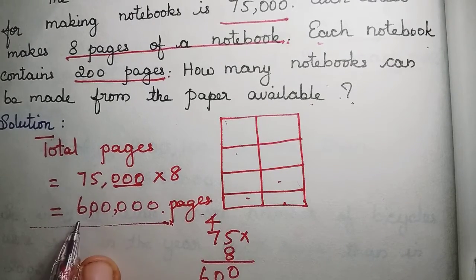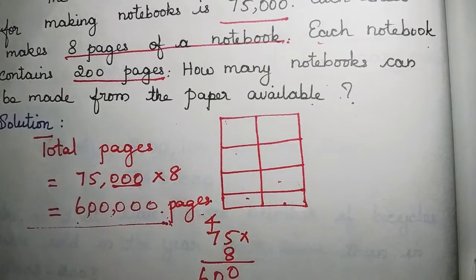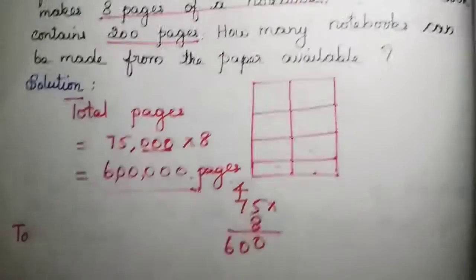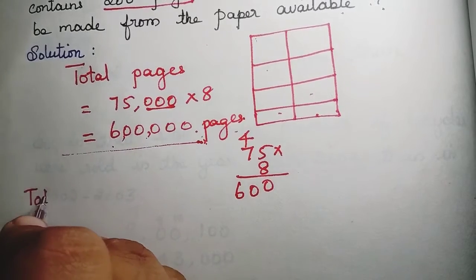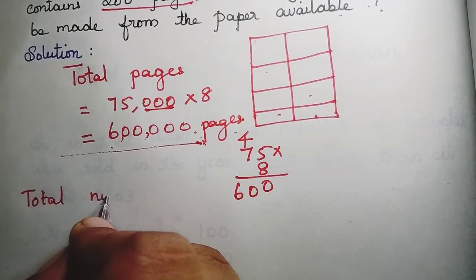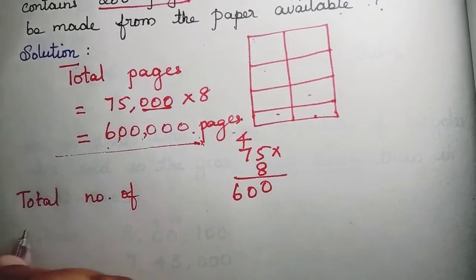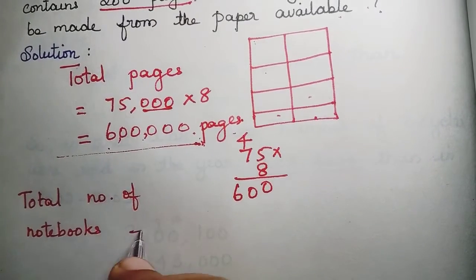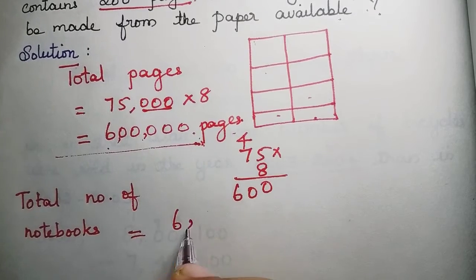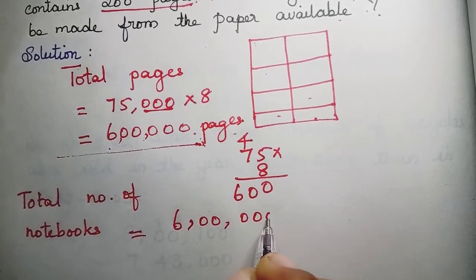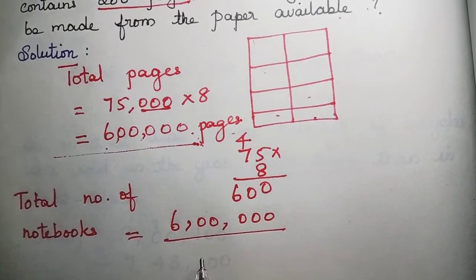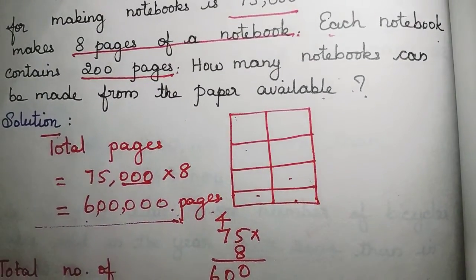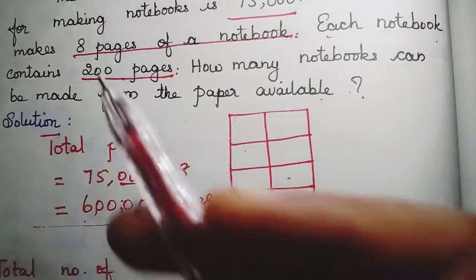Just divide this 6 lakhs by 200. So total number of notebooks equal to 6 lakhs divided by 200.